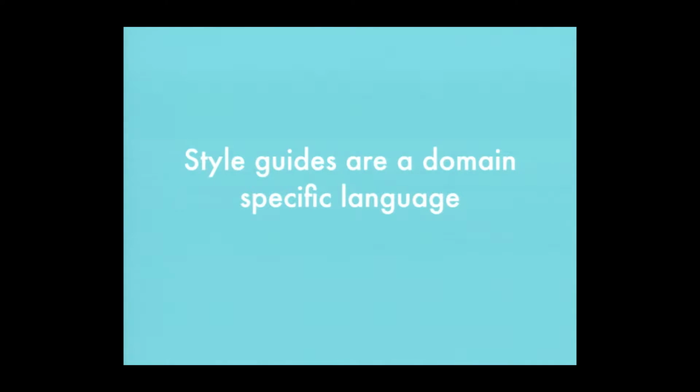Whatever we're trying to build, whether it be a website or documents, we create a language to communicate between marketers, designers, developers, and other people within the organization who have no technical or design background. We're just trying to create a way to communicate that we can all understand.